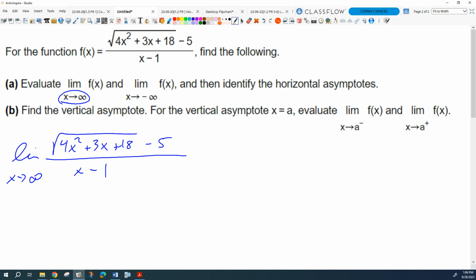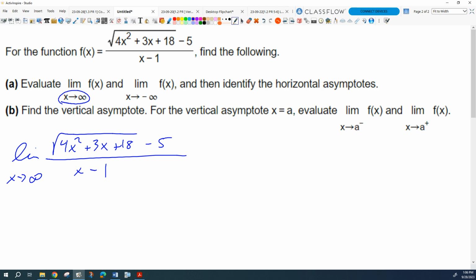Could I trade that for a simpler limit? As x is approaching infinity, is there a dominant term on the top and the bottom that's going to be the only one that matters? The leading term, right?